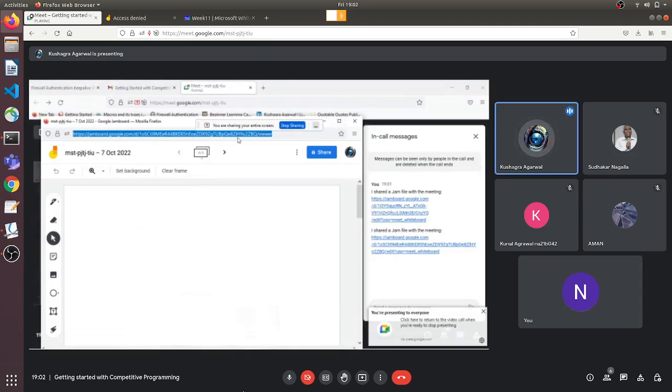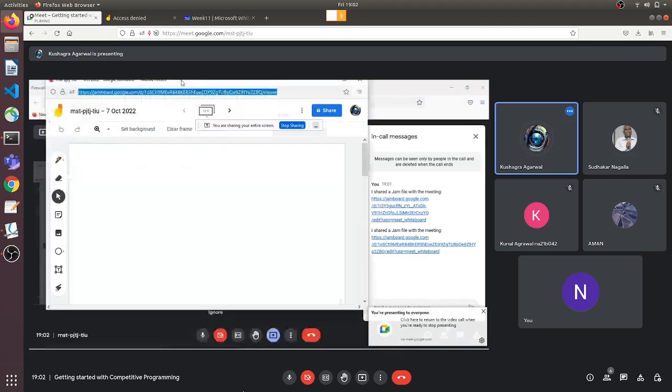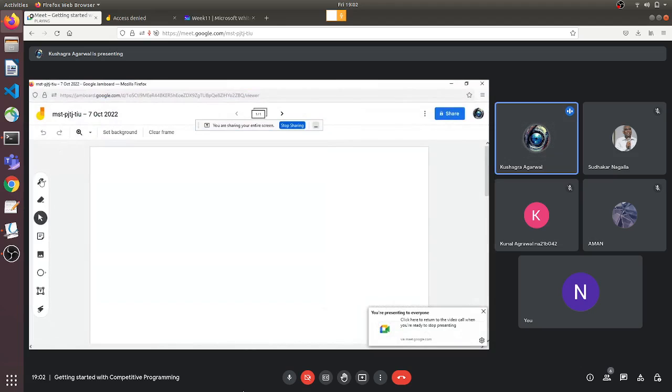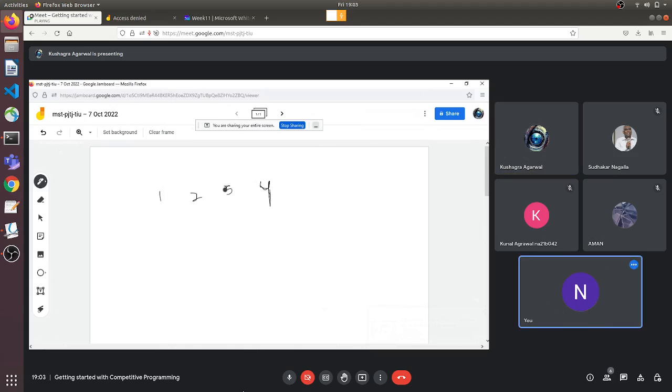Okay, so here is what I was trying to explain. Let's say we have jobs one, two, three, and four in our sorted order, and let's say we have zero jobs as well.